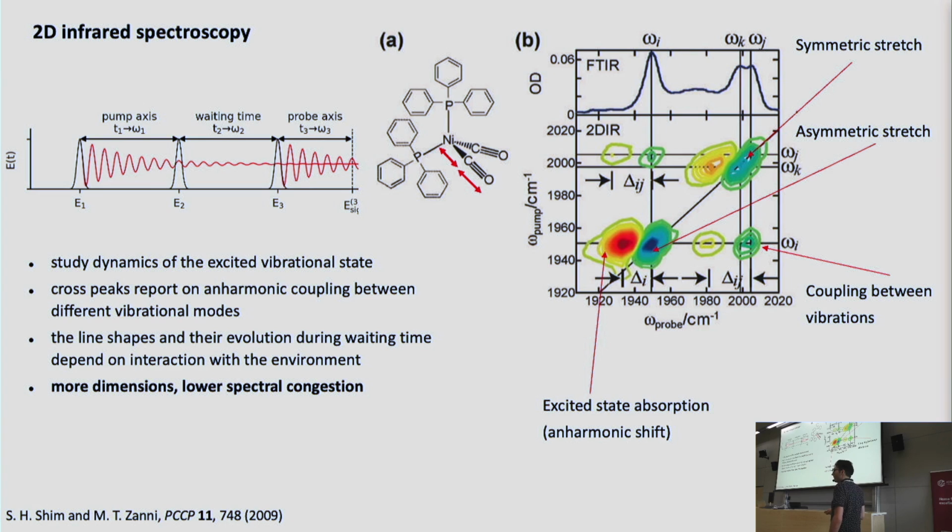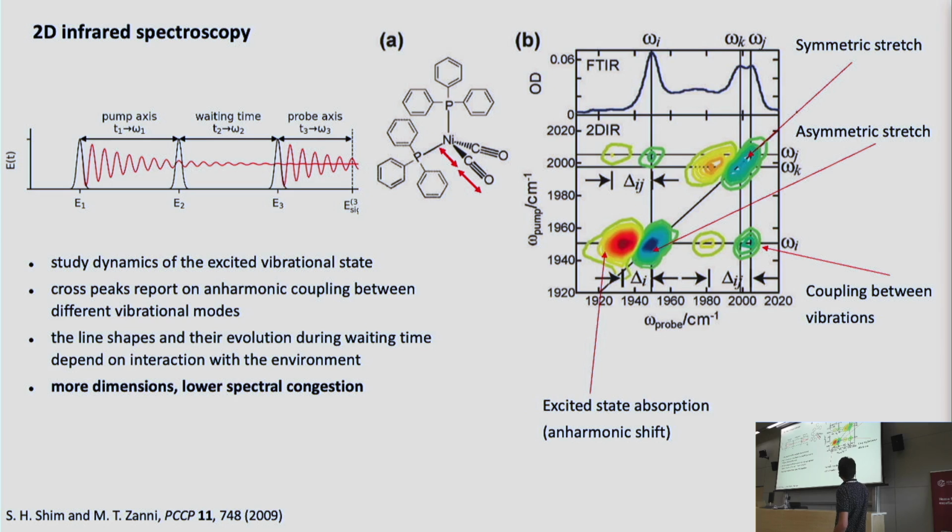So usually this kind of measurement is done in liquid phase. Usually large systems, where, for example, here this is an example where we have this large molecule. We excite asymmetric stretch and we excite symmetric stretch, and by Fourier transforming our signal along the two delay times, we can obtain these two-dimensional correlation maps.